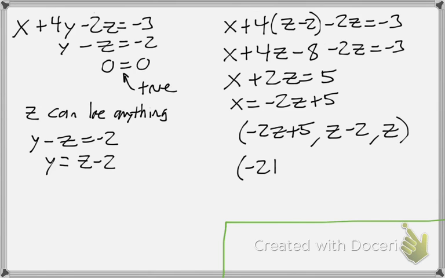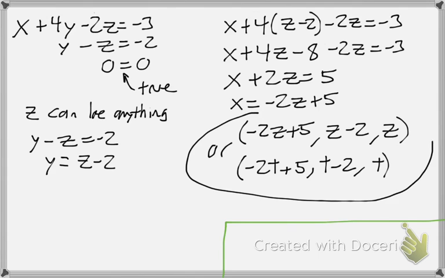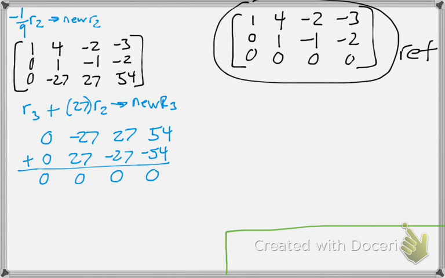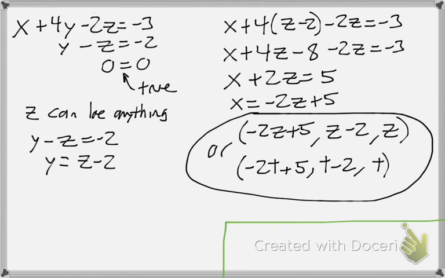That would be negative 2t plus 5, t minus 2, or t. So it's just depending on what variable they want you to use for the parameter. Either one of those should be okay. So it is an infinite solution one. Again, they still wanted the row echelon form, but then this will be our final answer.